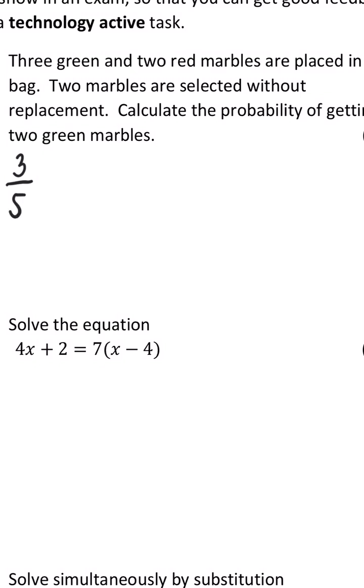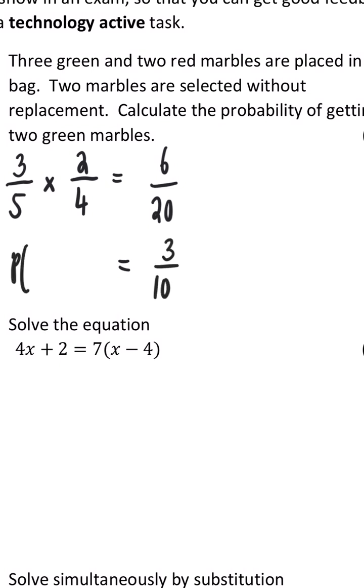We've pulled that one out, it's green, we throw it away, and now we multiply, because we've now made these independent events. We multiply by, well, how many green marbles are left in the bag? There's 2 out of a total of 4 marbles left in the bag. Multiply those together, we get 6 over 20, which can be simplified down to 3 over 10. So the probability of getting 2 greens is 3 over 10.